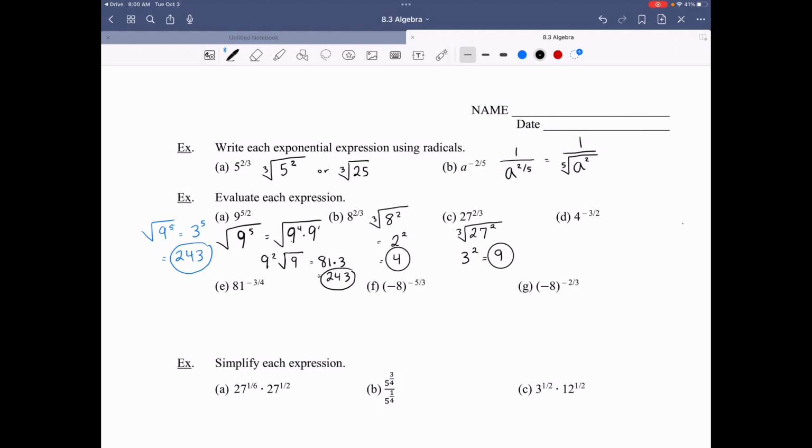Go ahead and try, well, actually this one has a negative, so I think I should do this one with you. We're going to rewrite this as 1 over 4 to the 3/2, which is the same as 1 over the square root of 4 to the third.